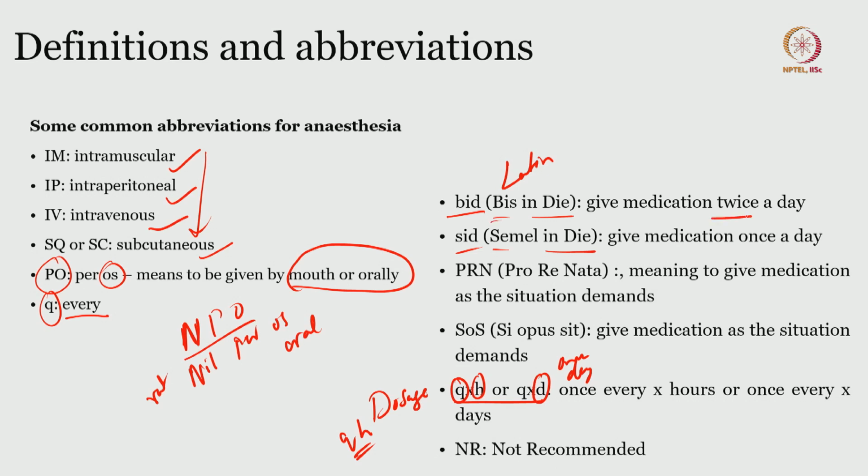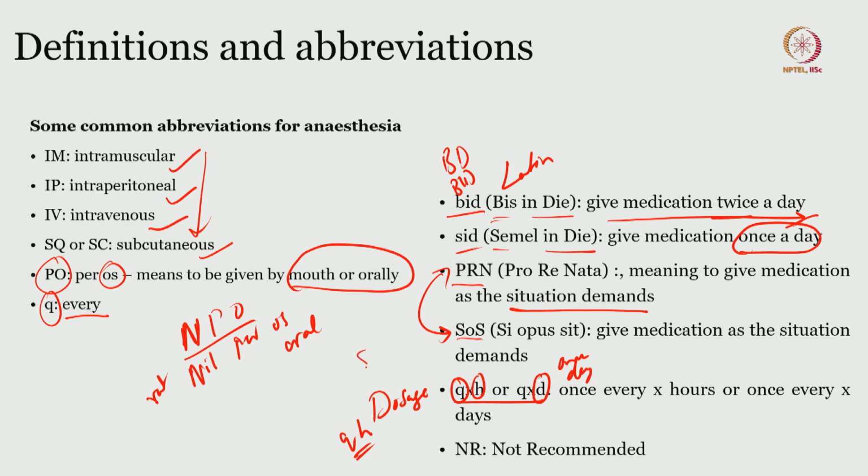So bis basically means twice, so giving medication twice a day. This can be written as BD or BID, referring to twice a day. SID is semel in die, so medication given once a day, right. SID is once a day. So PRN refers to as and when the situation demands, which is similar to SOS. So pro re nata and si opus sit. That is the actual expansion of these abbreviations PRN and SOS.